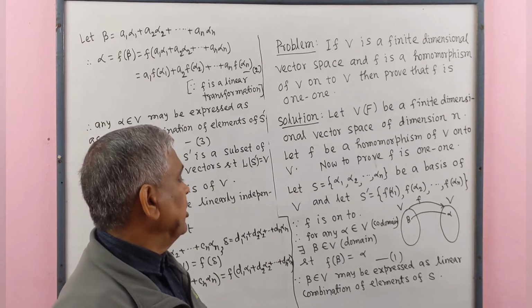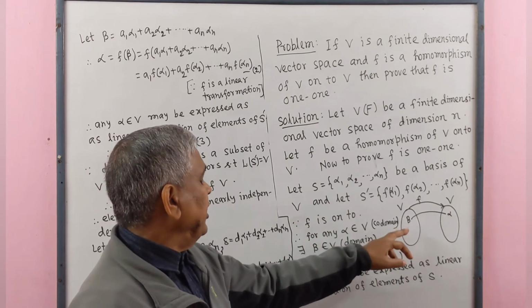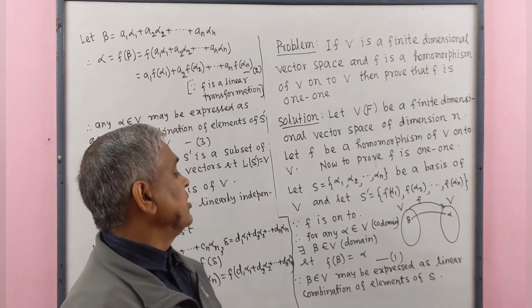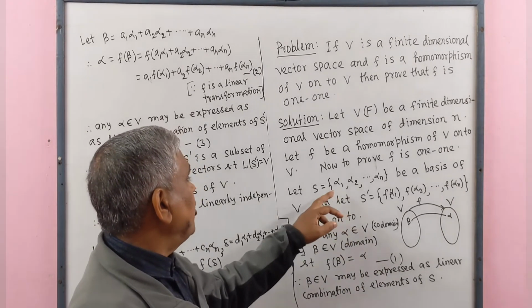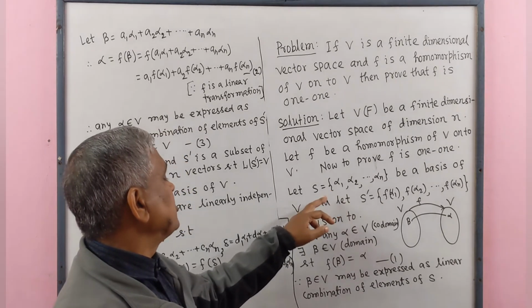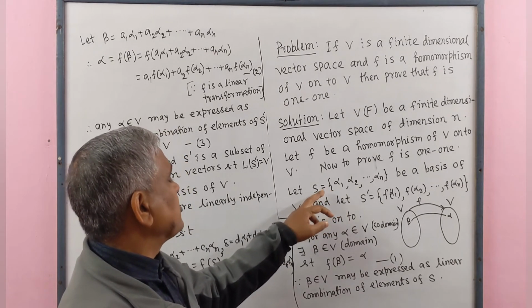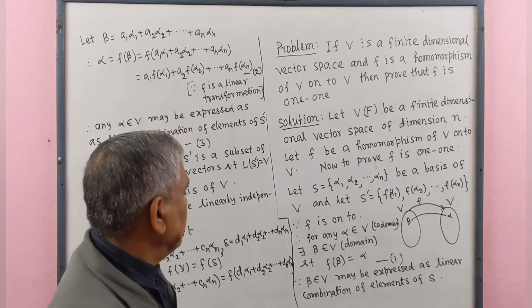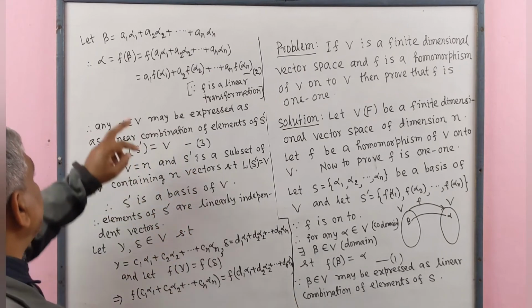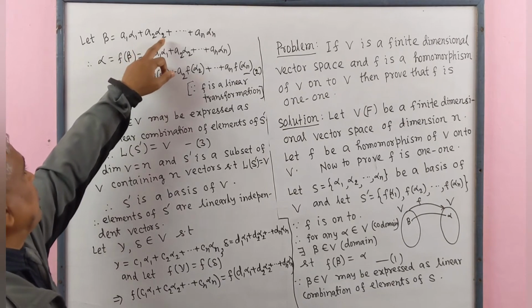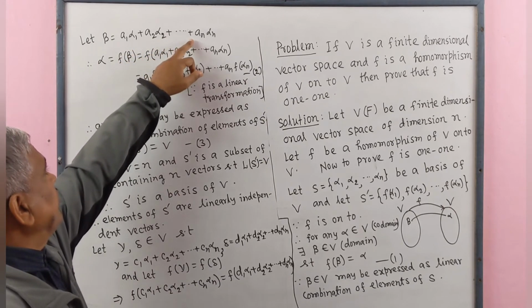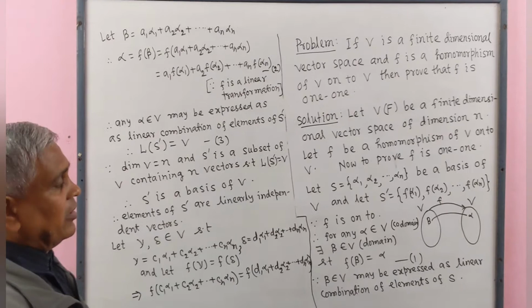Since beta belongs to V, therefore it may be expressed as a linear combination of elements of its basis, means elements of S. Therefore beta equal to a1 alpha 1 plus a2 alpha 2 plus ... plus an alpha n.